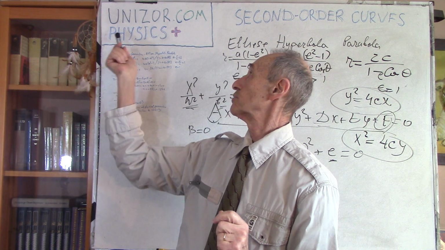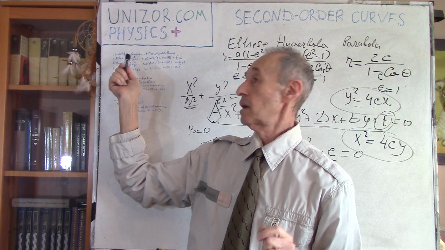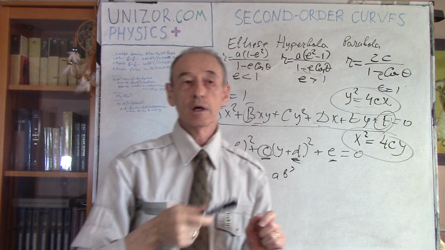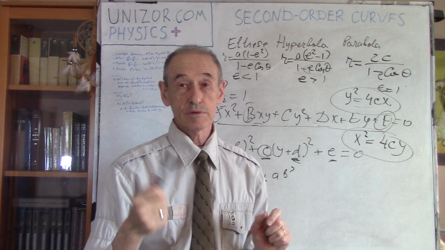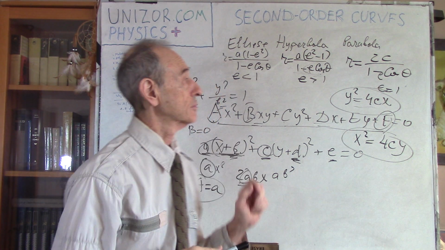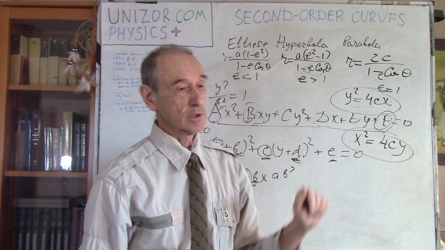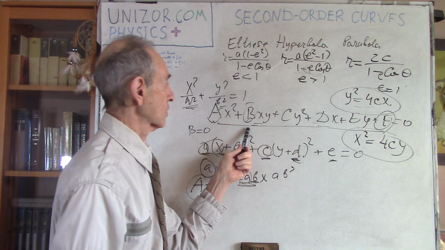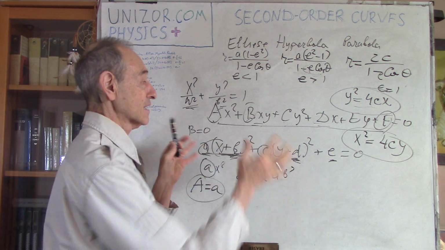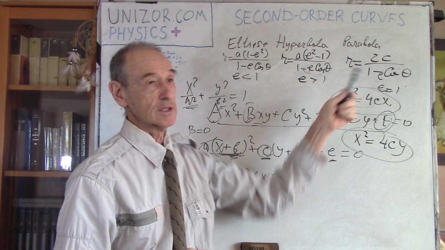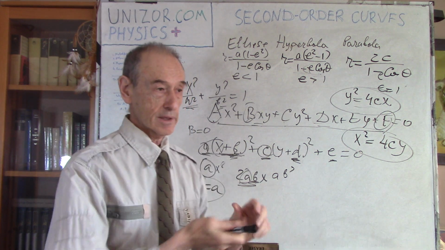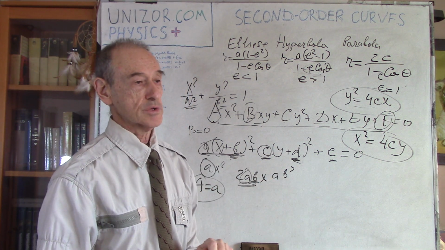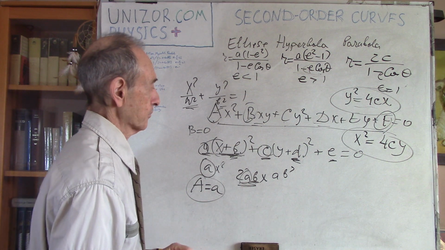In this particular lecture, you go to unizor.com, Physics Plus, you go to Laws of Newton, and the lecture is called Second Order Curves. In that lecture, I put the derivation in case b is not equal to 0, how to still convert it into one of the canonical forms by turning the coordinate system at the proper angle.